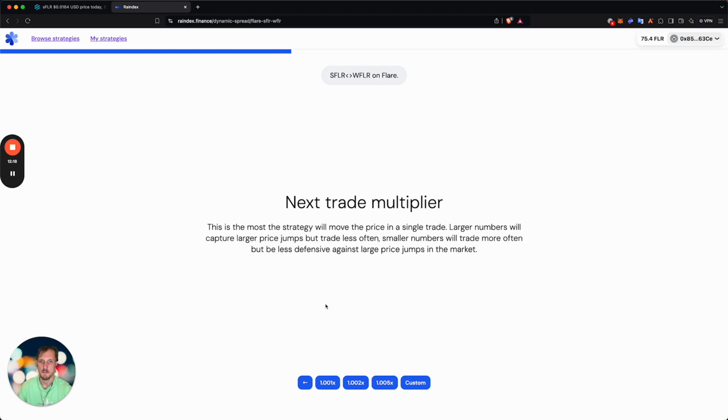So you get many rapid trades if you make this a small number, but if the market is moving quite quickly, you're going to put more trades in during the movement, which is not a good thing. So a tighter spread here means that you're going to put more trades in during a period of relative stability.